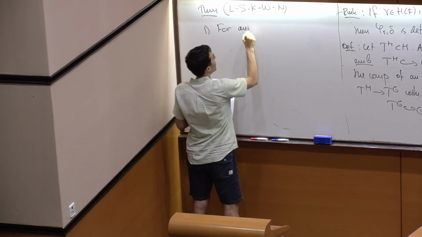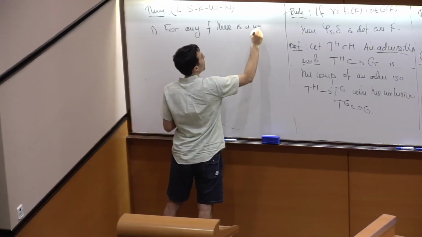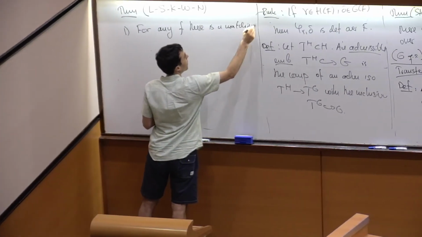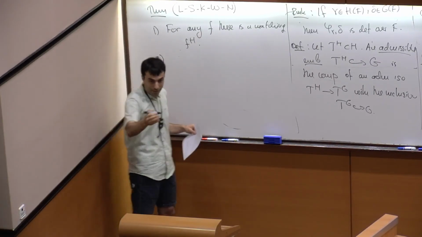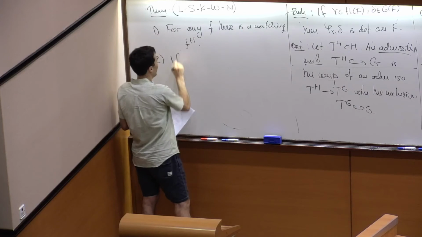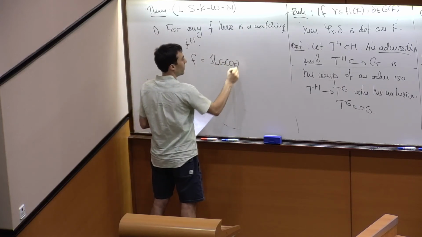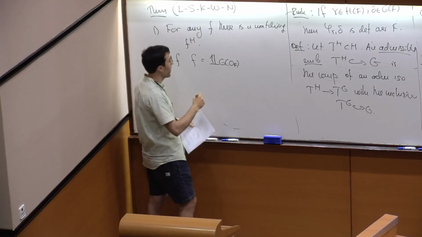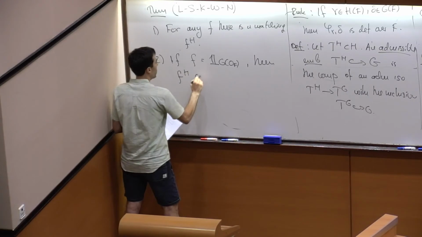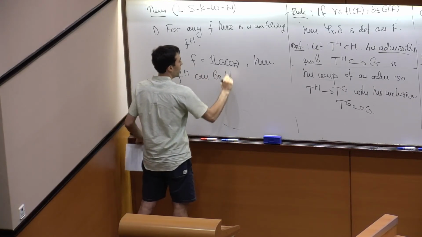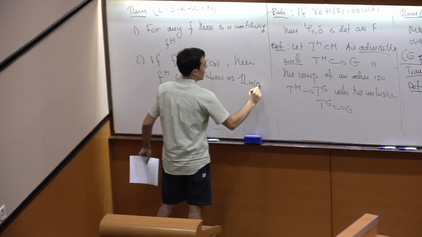For any f, there is a matching f^H, and this is what I forgot last time. If f is the characteristic function in the p-adic case of a hyperspecial maximal compact, then f^H can be taken as the characteristic function like this.